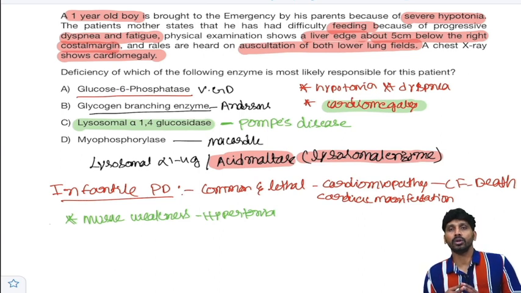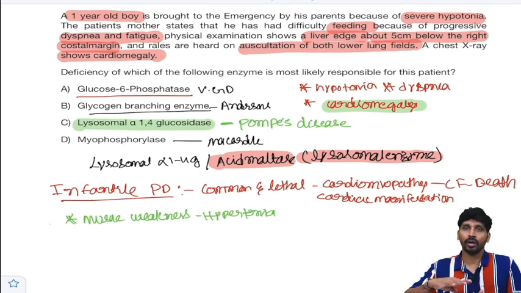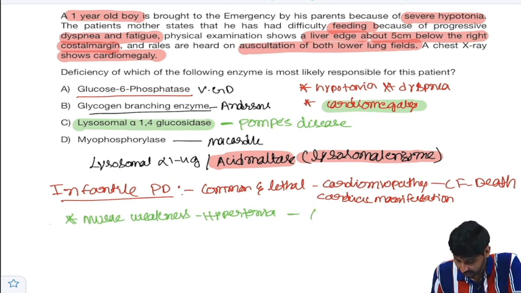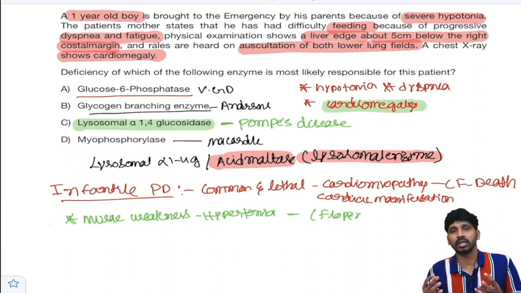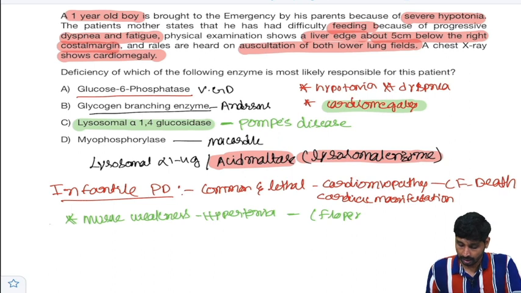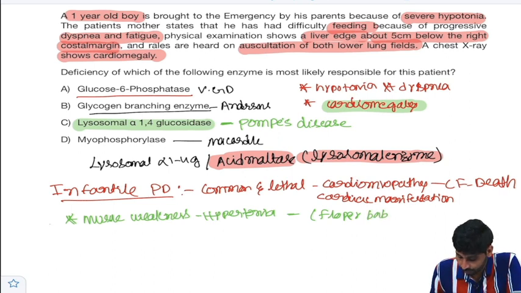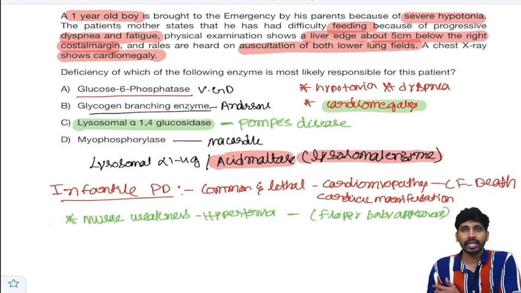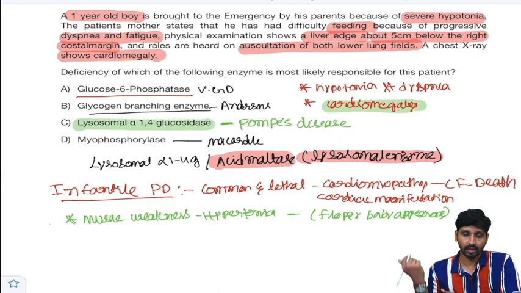Because of the hypotonia of muscles, there is a floppy baby posture, a floppy baby appearance, frog-like structure. Because muscles are hypotonic, the baby cannot move. And these things again lead to cardiomegaly and death.